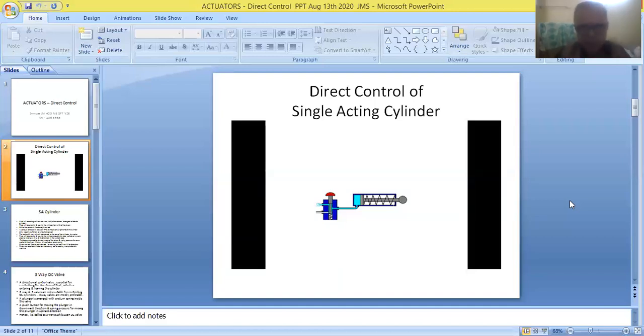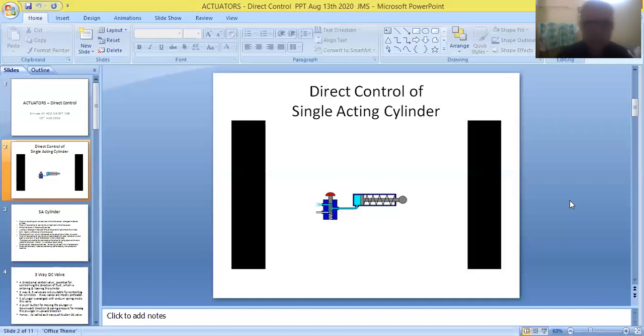So friends, all these operations will take place automatically. It's a very interesting arrangement. Now this small DC valve is controlling the operation or actuation of a big cylinder. Therefore it is called direct control of a single acting cylinder.